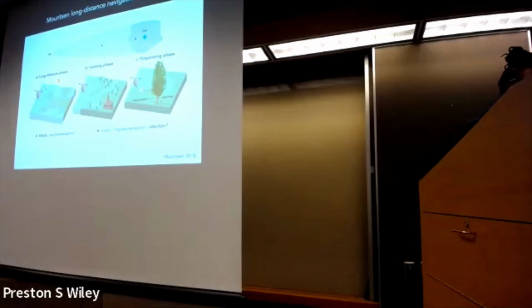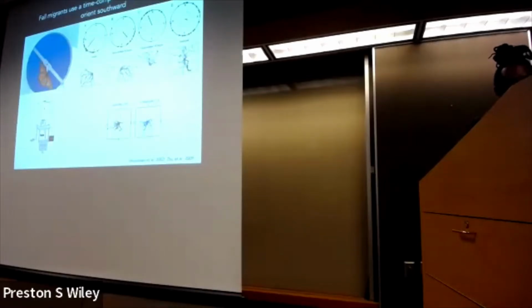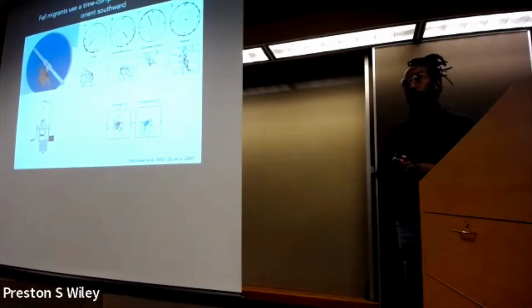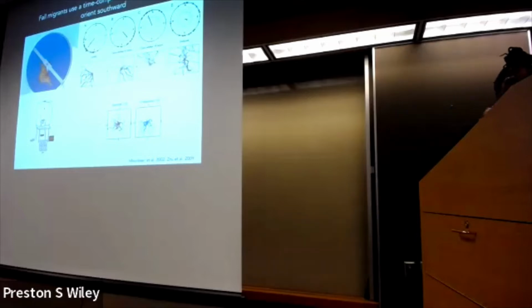So whereas maybe in the long distance phase, there's a stronger focus on vision and potentially magnetoreception, once you get closer to the target, there's a transition or switch into focusing on olfactory cues, as an example. Well, we do know a few interesting things about how monarchs are navigating, particularly in this long distance space.